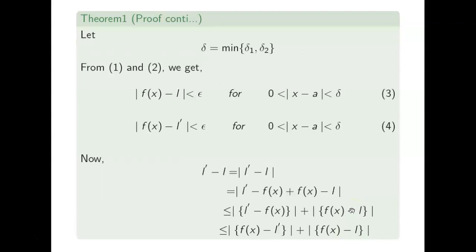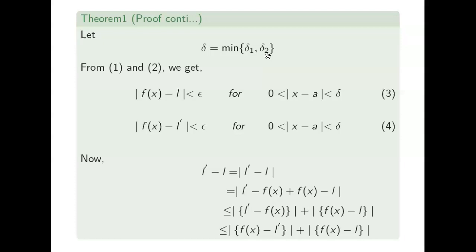Now we want to use the delta 1 and delta 2 inequalities for some common value of delta. For this very purpose, we will define a common value delta as the minimum of delta 1 and delta 2.